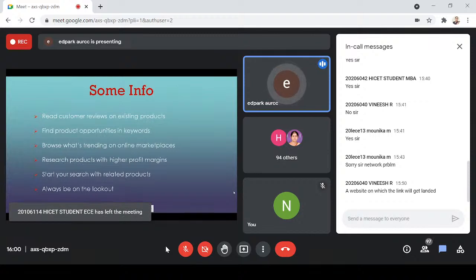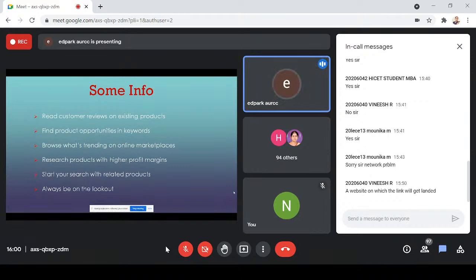What I get from this service-based industry is, obviously, when you search for this product, there is background work being done, which we call search engine optimization. Nowadays it is called SEO. I hope the CSE students are aware of that.